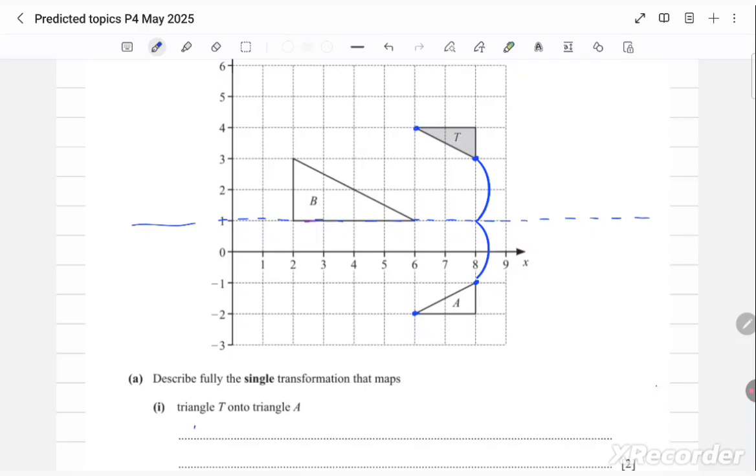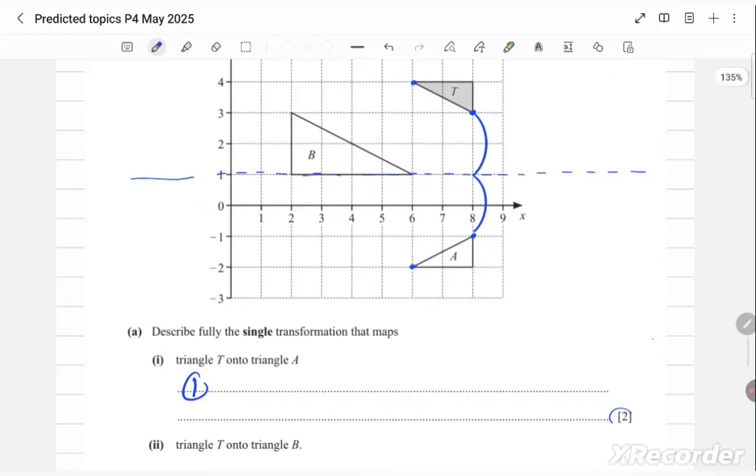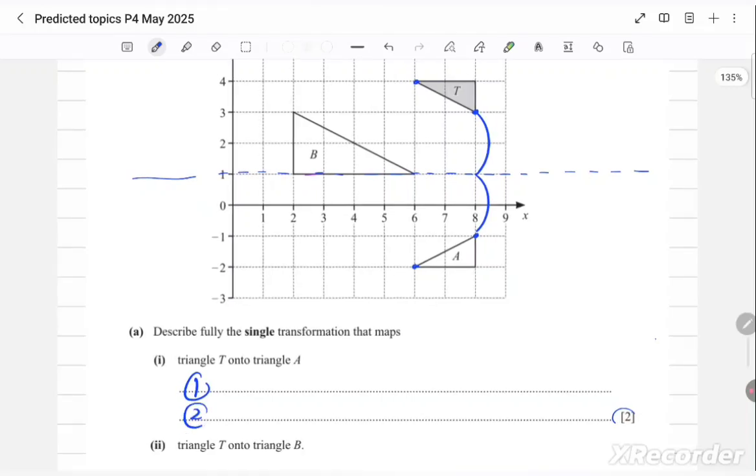So I can say, look, here are 2 points, so it means you have to write 2 points. Number 1 is the type of transformation, which is reflection, and the second point, the line of reflection, which is what?